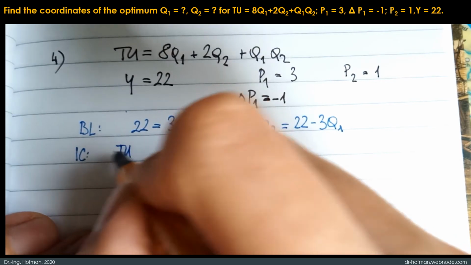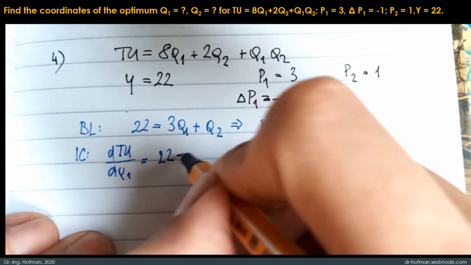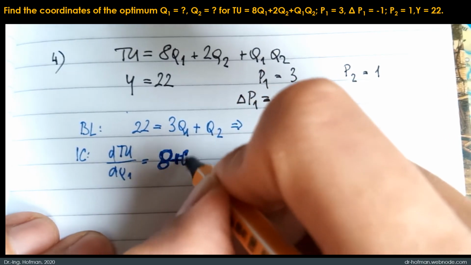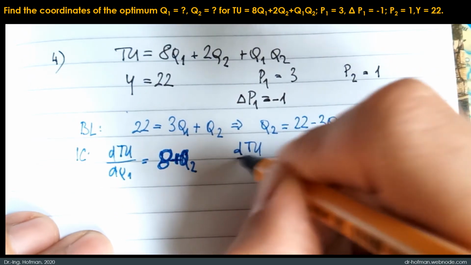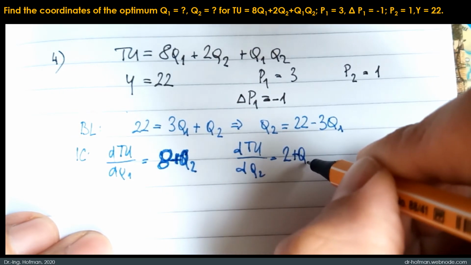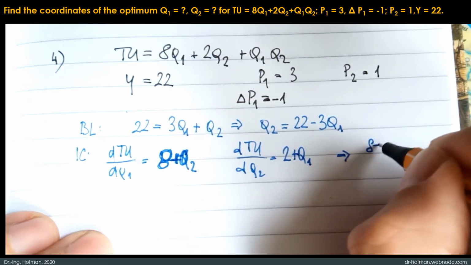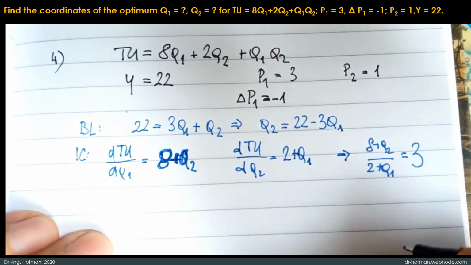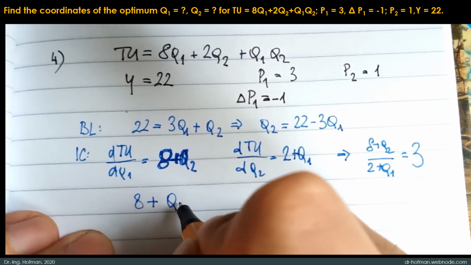The derivative of total utility according to Q1 gives marginal utility 1, which is 8 plus Q2, and for marginal utility 2, the derivative of total utility according to quantity of the second good is 2 plus Q1. Now I can make the fraction complete, 8 plus Q2 over 2 plus Q1, which is marginal utility 1 over marginal utility 2, and it equals 3 because that's price 1, 3, over price 2, 1, simplified.